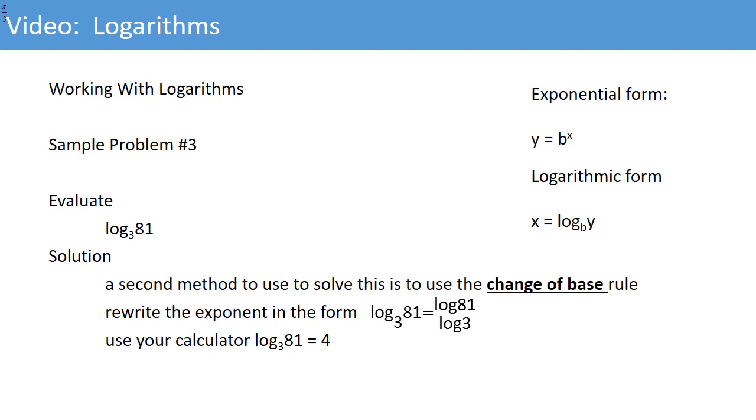Using your calculator, take the logarithm of 81, divide by the logarithm of 3 and you will get the answer 4. Test your answer to make sure you're correct. 3 to the exponent of 4 is equal to 81.